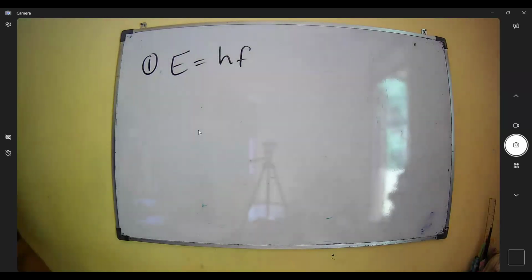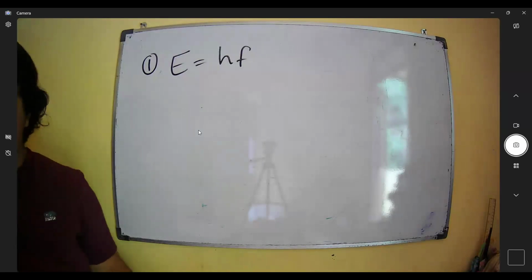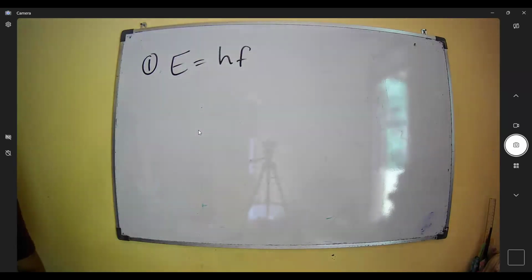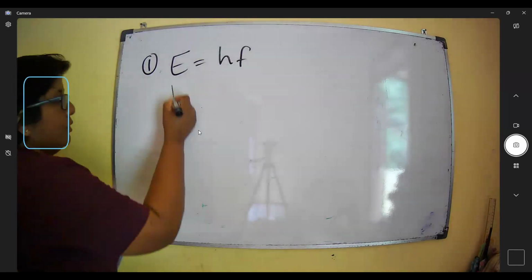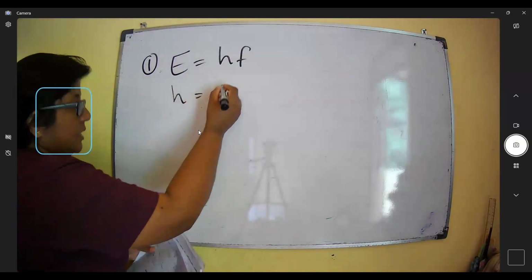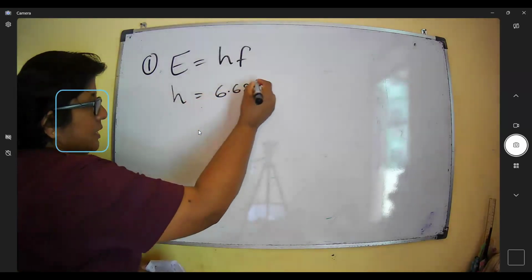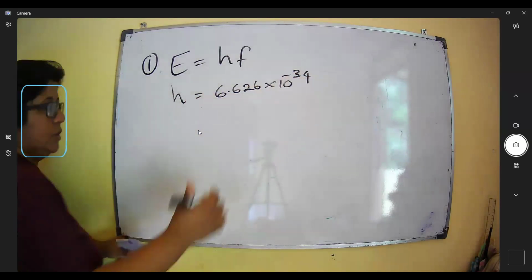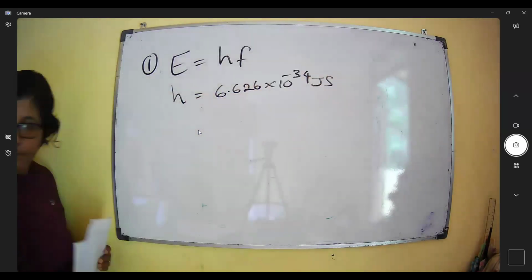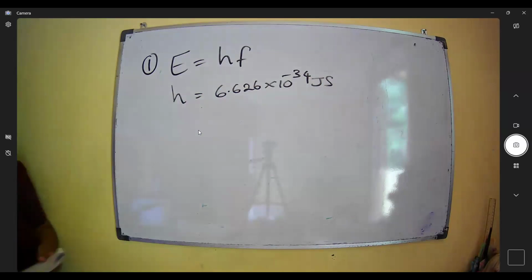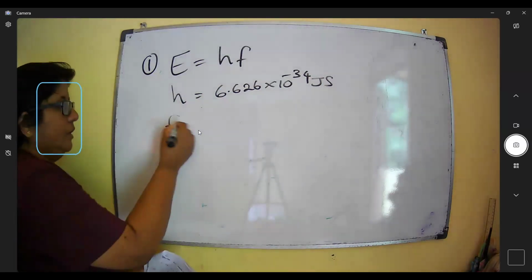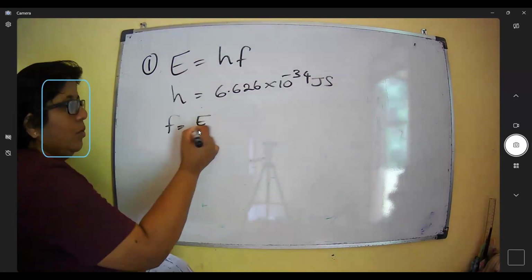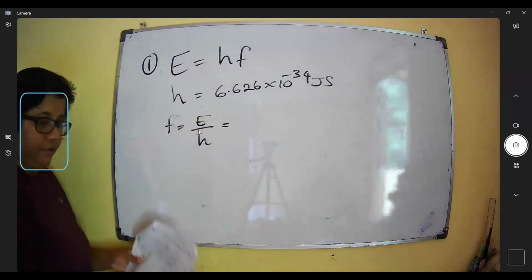In the question paper, it is mentioned what the Planck constant is, right? Then we can find the value of h is equal to 6.626 × 10^-34 joule second. Planck constant.